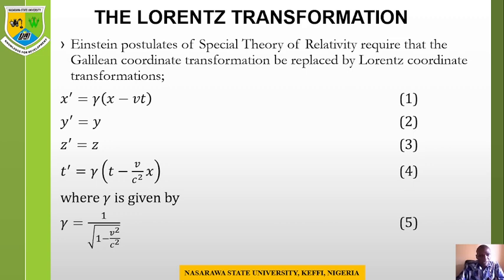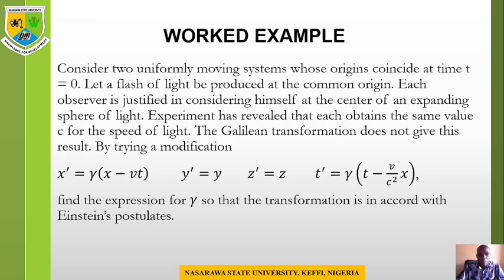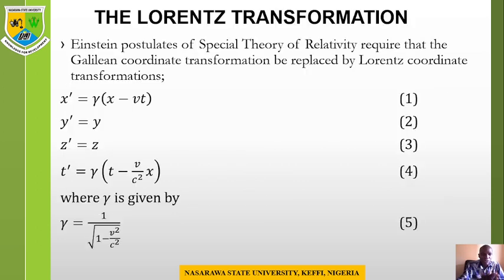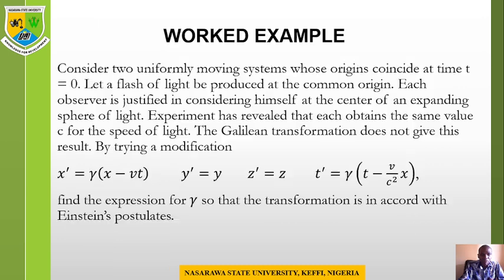We can see that the transformation is on the x and the t, that's the time coordinate, because here we are assuming that the motion is in one direction, which is x. Where gamma is given by equation 5, which equals 1 over the root of 1 minus v squared over c squared. So it's just a transformation to replace those coordinates as we can see on the screen.